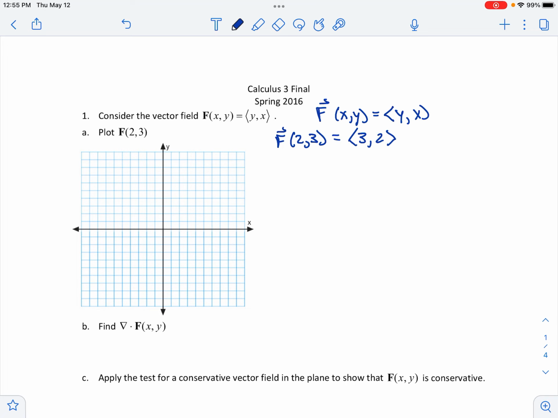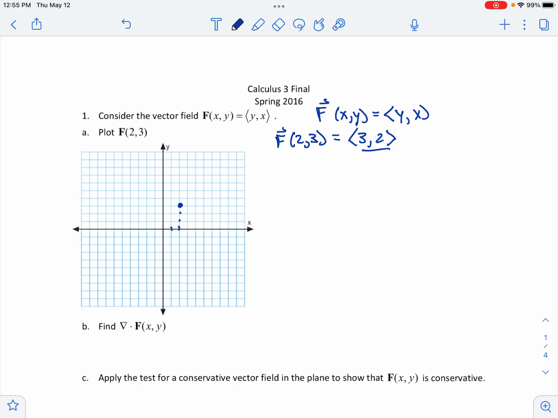Now, how to represent that? Normally, when we represent a vector function output, we would start at the origin, and this would be the terminal point. But that's not the way we graph these vector field vectors. What I'm going to do is go over here 1, 2, and up 3.